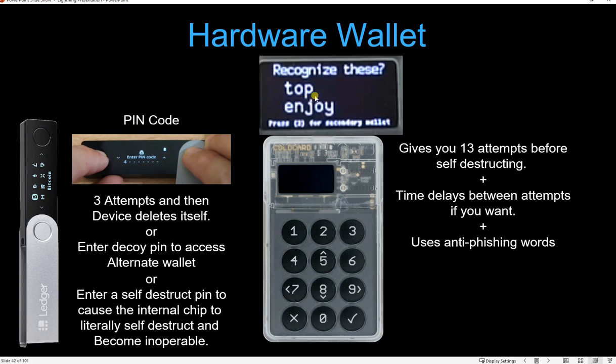Maybe you'll find someone that has enjoy and top, but in a different order. So if someone tries to phish you or do an evil maid attack and switch a Coldcard with you, you'll know immediately when you put in your passphrase, because you're like, wait a minute, those aren't my words. My words were penguin and hat, not top and joy. Immediately, don't even put in the rest of your passphrase.